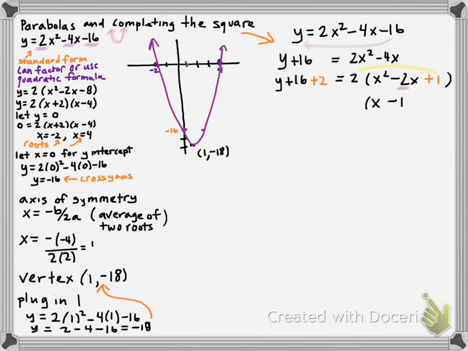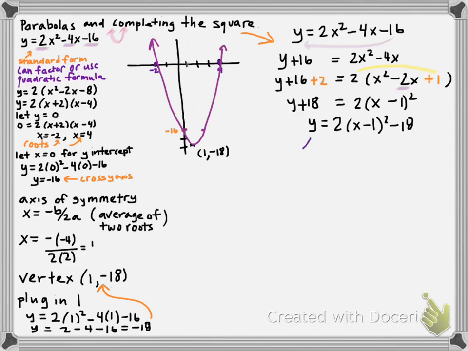Okay, and so I end up with an (x minus 1) quantity squared from that trinomial. Then I'm going to put the 2 back and simplify on the left. I get y plus 18. And finally, one last step, move the 18 back. Fantastic. Looks great. Notice what I have.